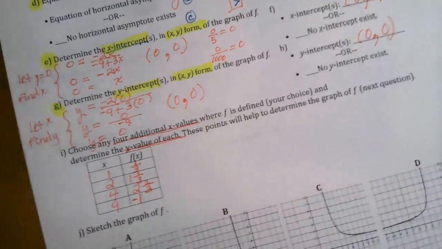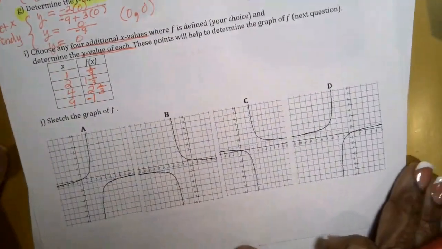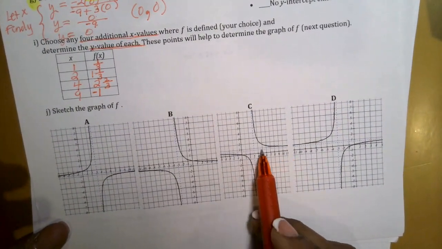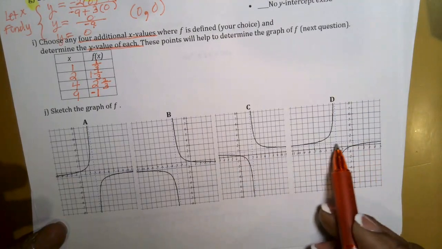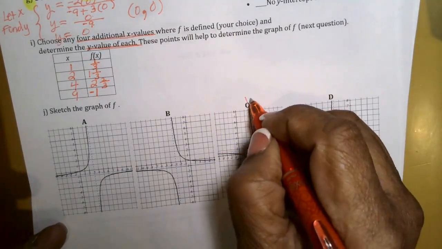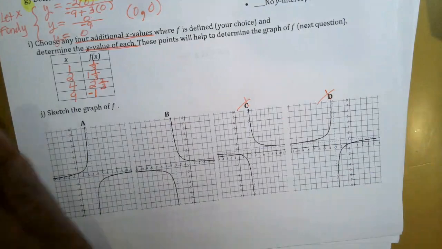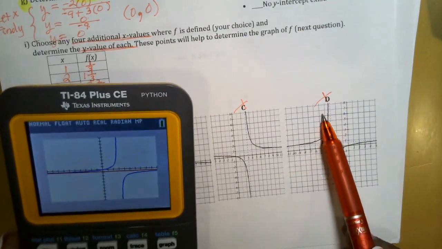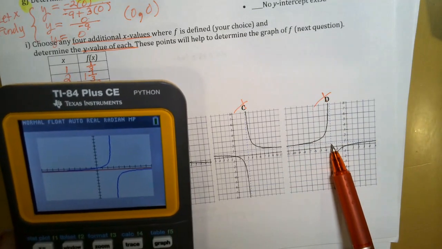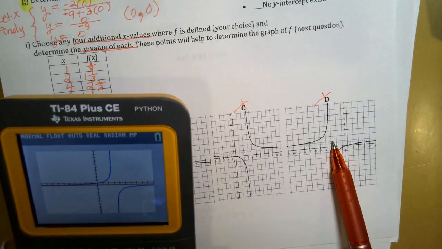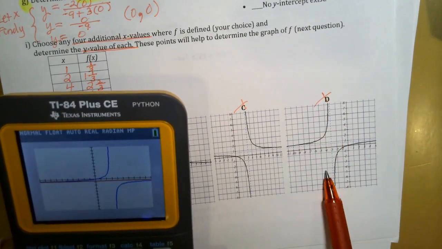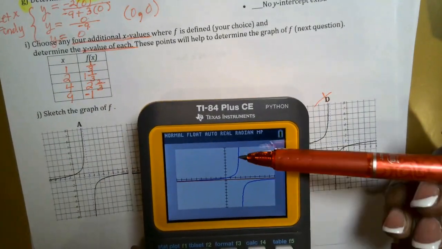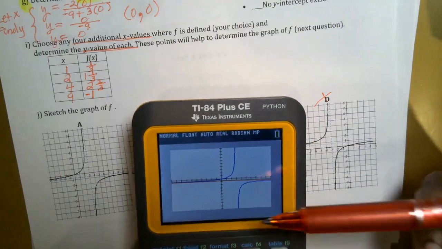I can eliminate choices C and D because they have the horizontal asymptote up here in the positive area. Okay, so I'm going to eliminate those. Another reason I can eliminate D, it has one part of the graph and the vertical asymptote in the second quadrant and the third quadrant, whereas my vertical asymptote is in quadrants 1 and 4.